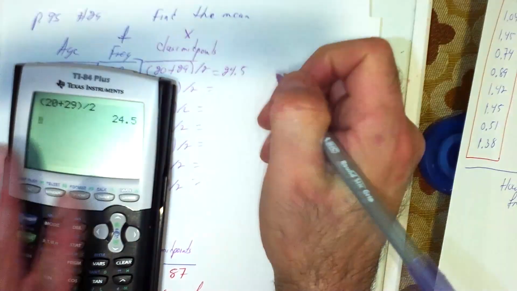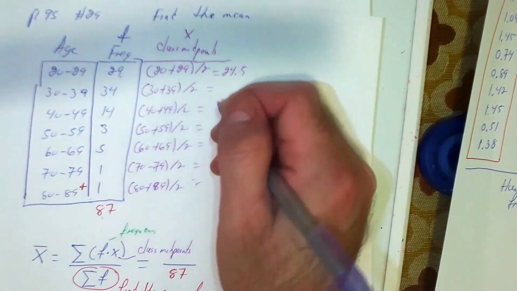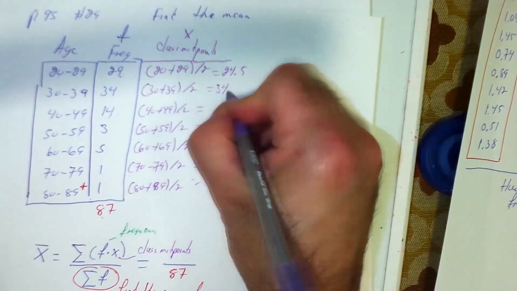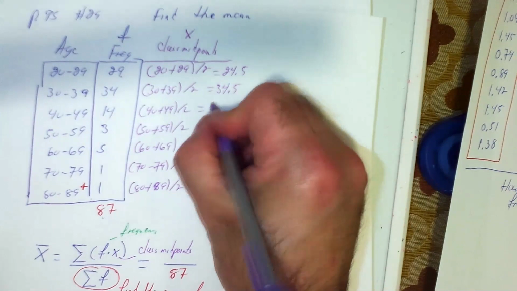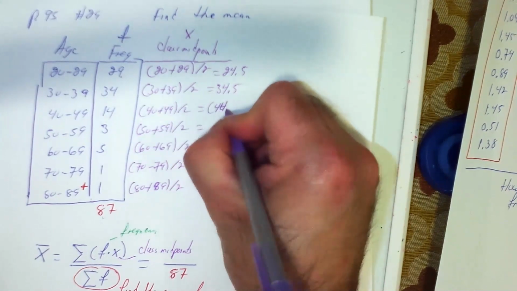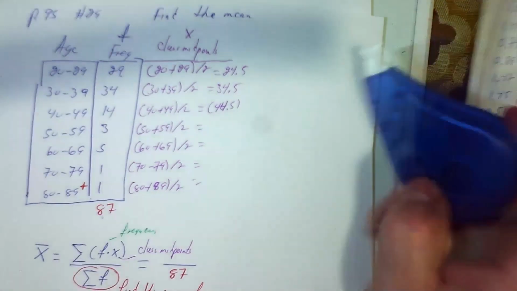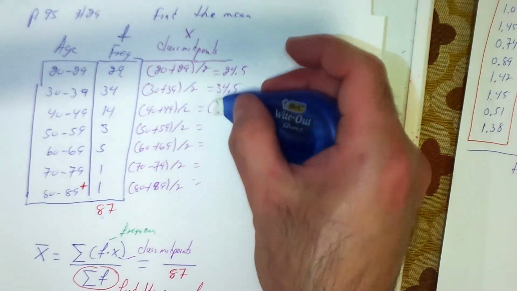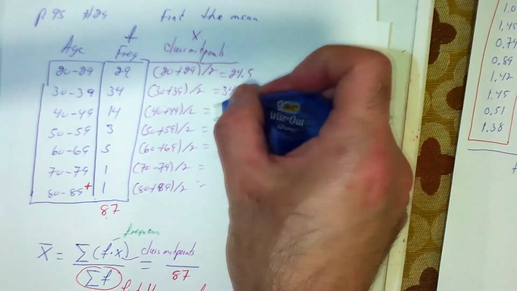Okay, next one, 34.5. Next one, 44.5. Why did I put parentheses?